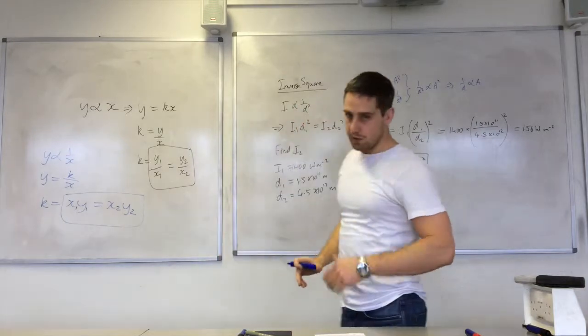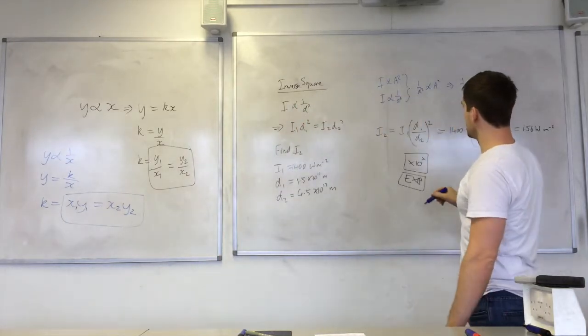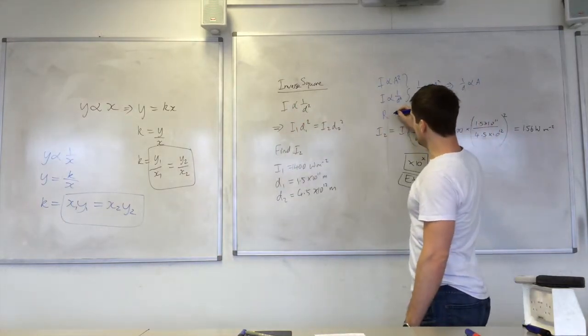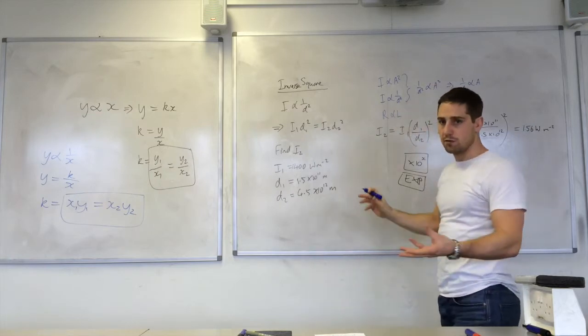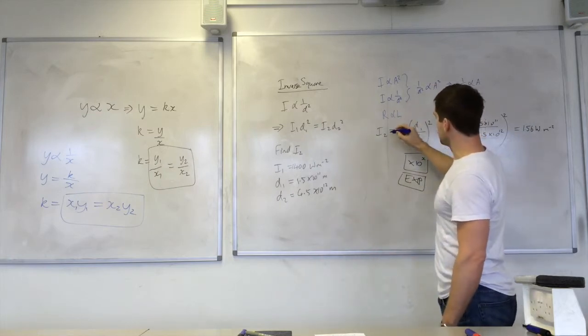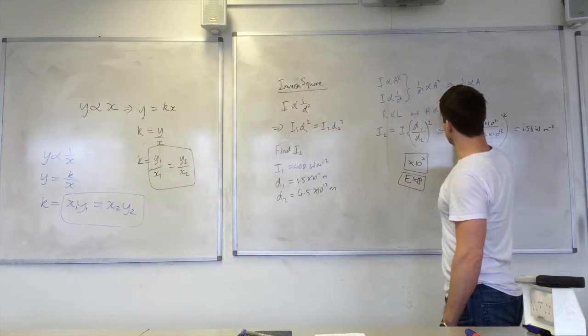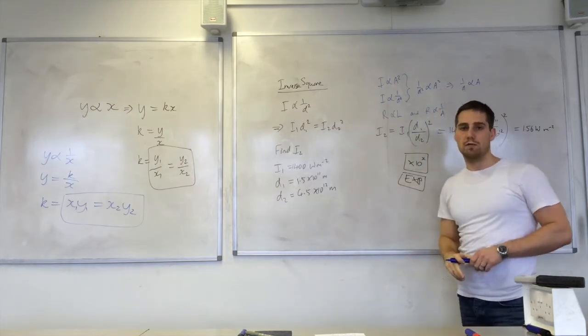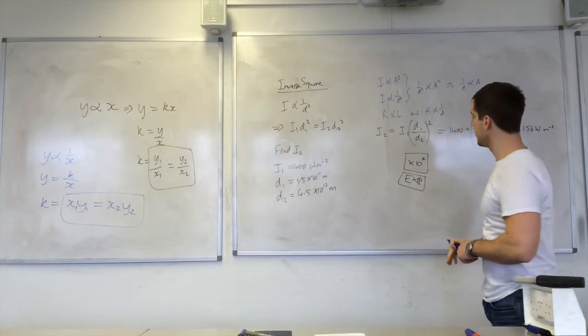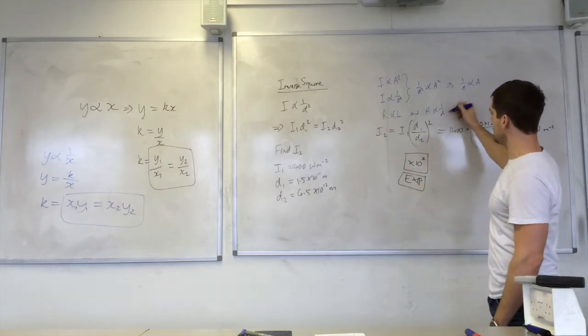And another one that we do in AS physics is resistance is proportional to the length of material you have, and resistance is inversely proportional to the cross-sectional area.